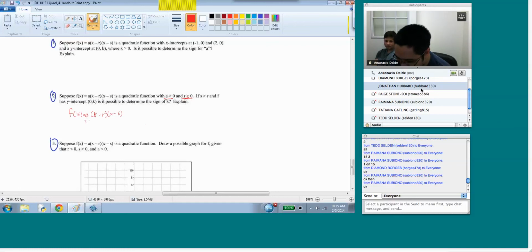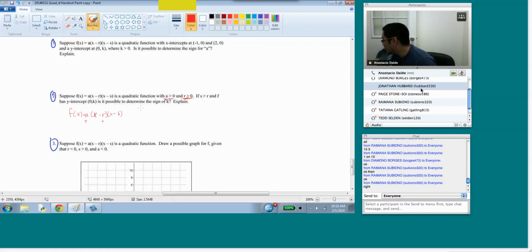So we know that this is positive and this is positive. Got it? If s is bigger than r and it has a y-intercept of k, determine a possible sign of k and explain.